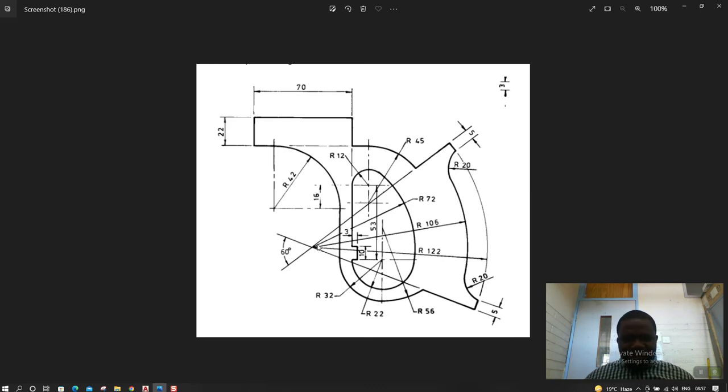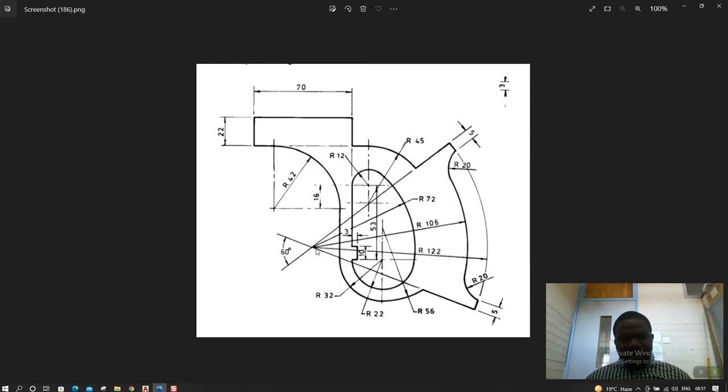To identify this, we need to apply what is called the tangent radius, because you can notice that the circle radius 72 is tangential to this circle and this circle. So by applying that, we find the circle center radius. It's actually radius R plus r, and here also R plus r.